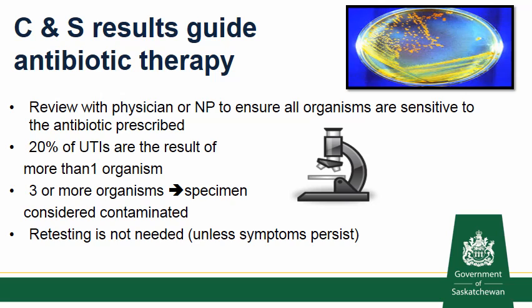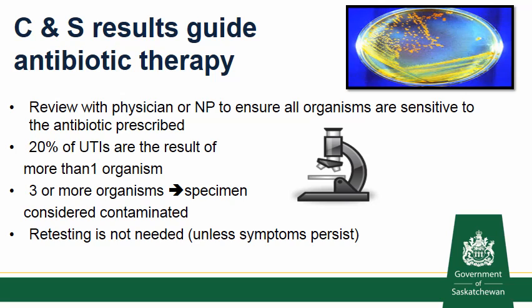Once the culture and sensitivity results are known, inform the practitioner so they can make sure the antibiotic is the most appropriate for the organisms that are identified. 20% of UTIs may be caused by more than one organism, and often these organisms have different sensitivities to antibiotics.